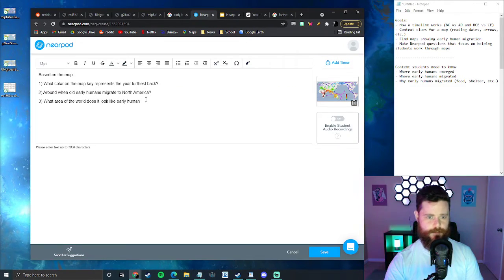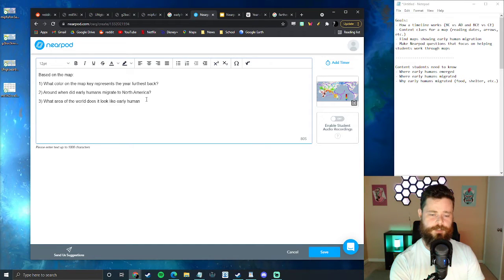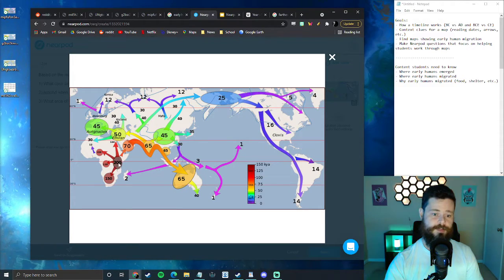You know what? No, let's go ahead and do that. What area of the world does it look like early humans first migrated from? Okay, and ideally they would say, okay, well, all of the arrows are coming from 200.